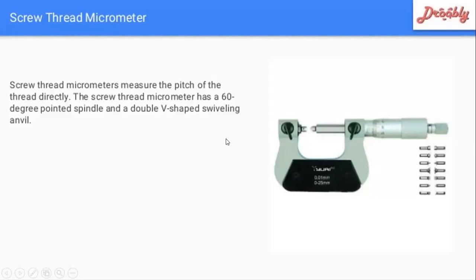This has been taken for the measurement for the degree pointed spindle over it, and it has a double V-shaped swiveling anvil in it.